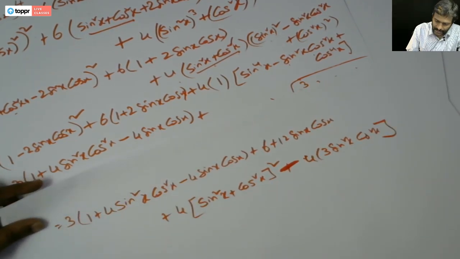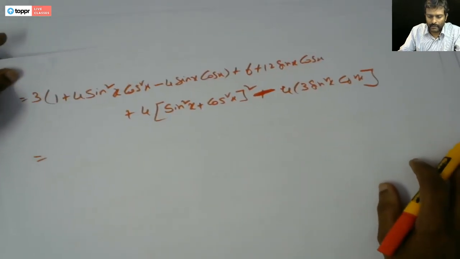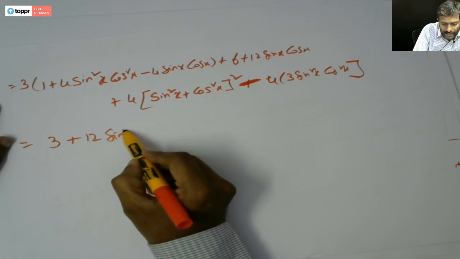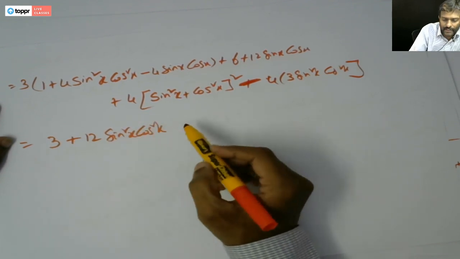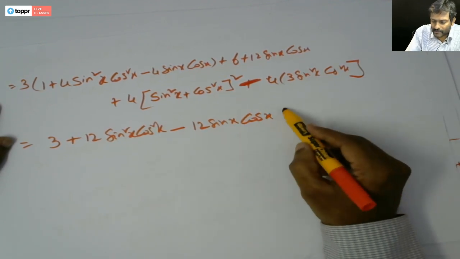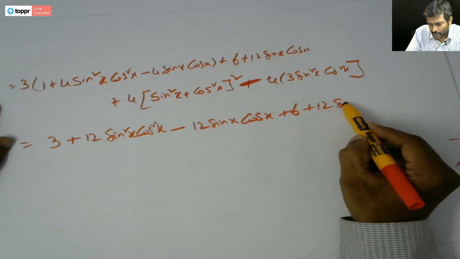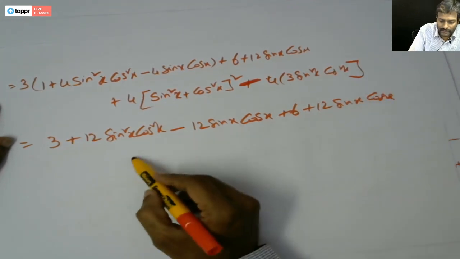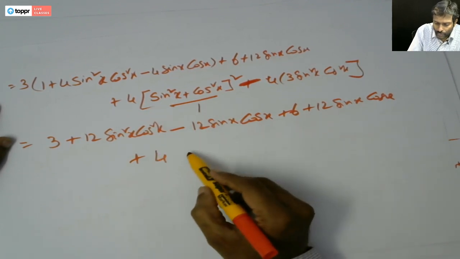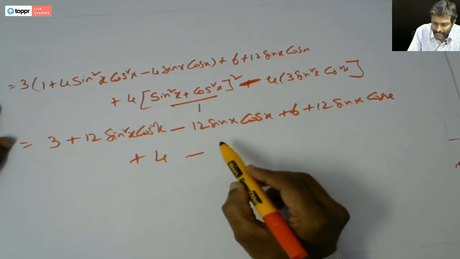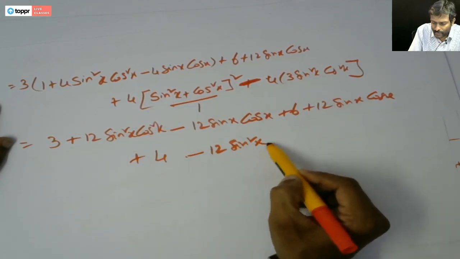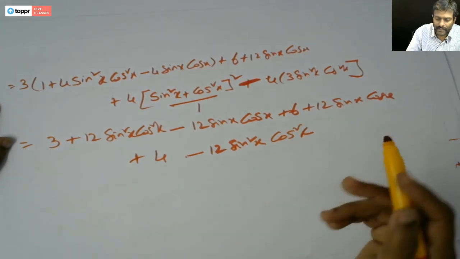Now if I simplify this, 3 times 1 is 3 plus 12 sine square x cos square x and minus 12 sine x cos x plus 6 plus 12 sine x cos x plus this is 1 into 4 is 4, and then this is minus 4 3s are 12 sine square x cos square x.